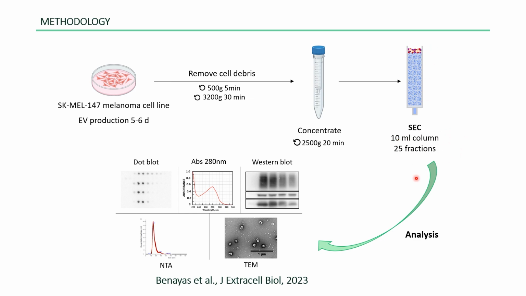We collect 25 fractions, and each of these fractions will be analyzed by dot blot, absorbance of protein content, or Western blot. Also, we will do a nanoparticle tracking analysis and a transmission electron microscopy. You can find all this information in the manuscript we recently published in Journal Cellular Biology.